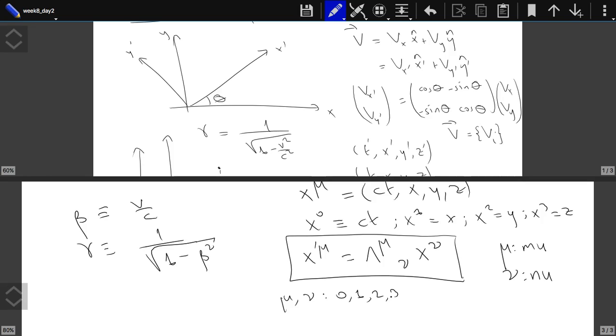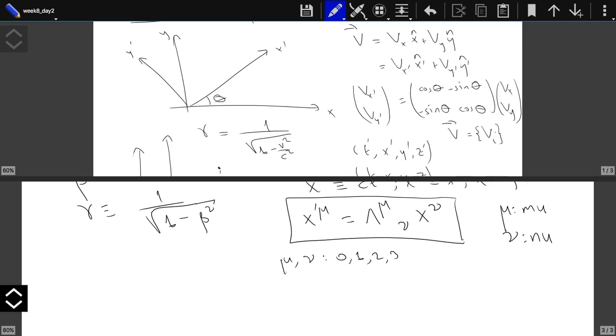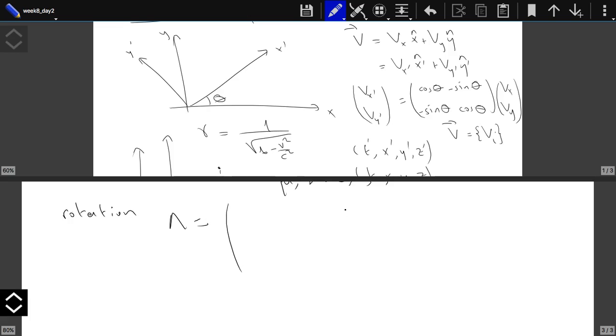And in fact, rotations can also be written in this form. For a rotation, lambda is just, let's say, the time coordinate doesn't change under rotation. Let's say x and y components get mixed up, so we are rotating around the z-axis.